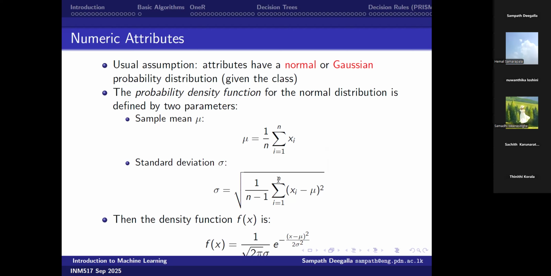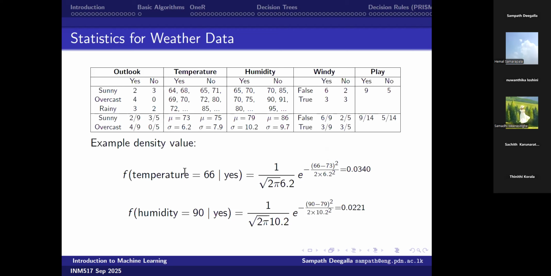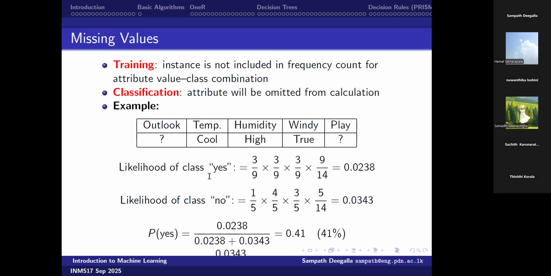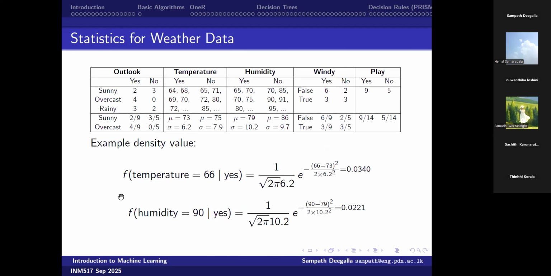So given the data set, let's say we have two values. Temperature is 66, so what we do is we go back and then we apply the equation.